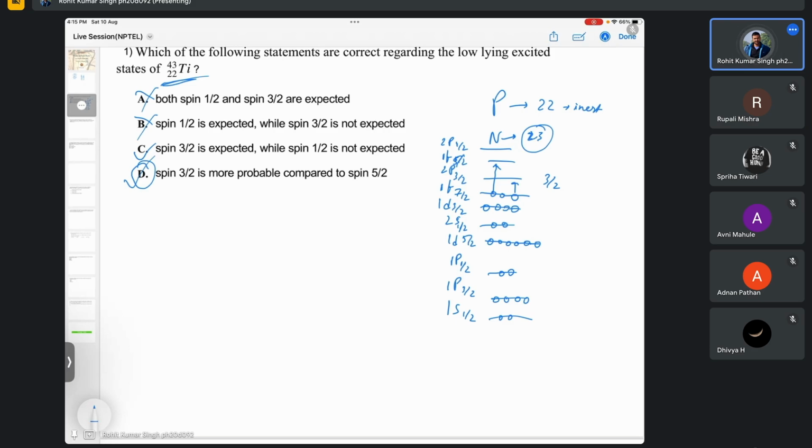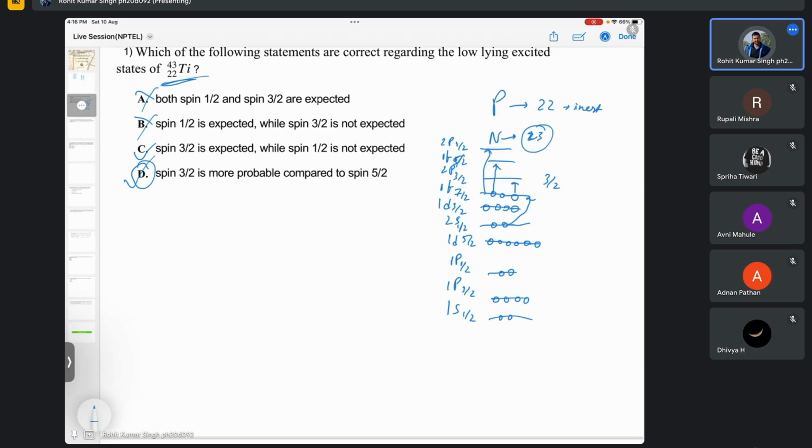Spin half is very far. It can go here, but it needs a lot of energy. And if you give that amount of energy, then maybe something weird can happen, like one of the neutrons from here can go here, instead of one neutron going to such a high state.